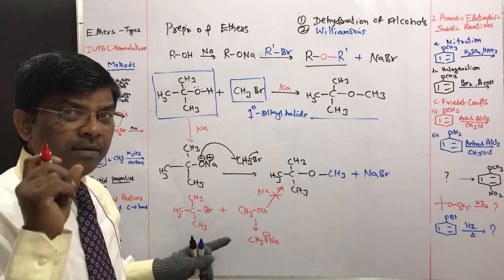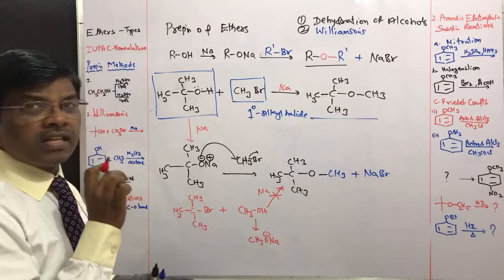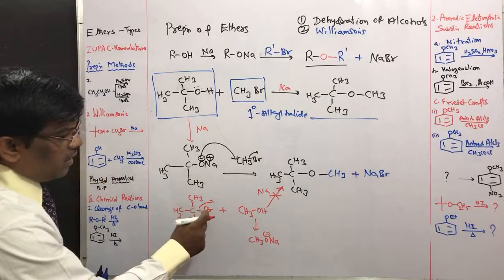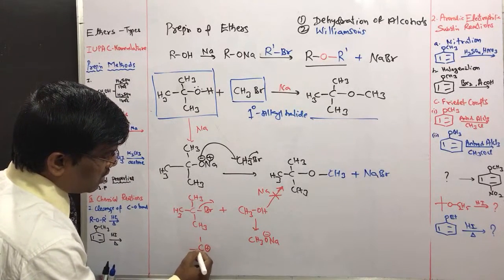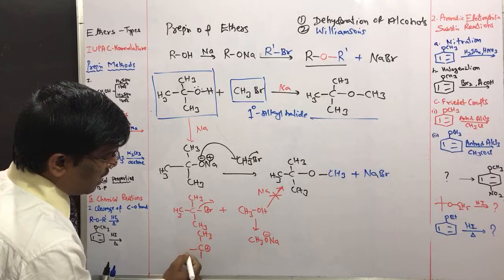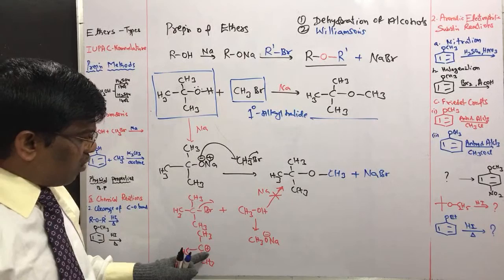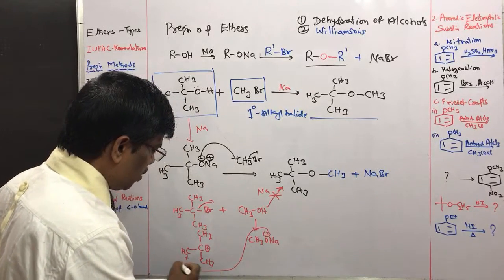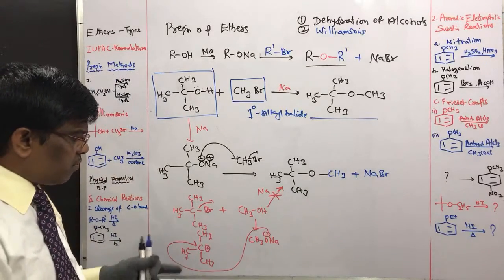Alkyl halides in presence of alcoholic base undergo elimination reaction. Why? It simply takes up, this bromine goes out and it is going to form a positive charge, this CH3, this CH3 and this CH3. Now this is the stable one. Since it is a tertiary compound, it is not going to allow substitution.